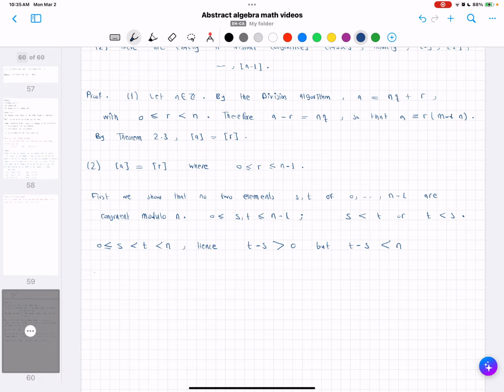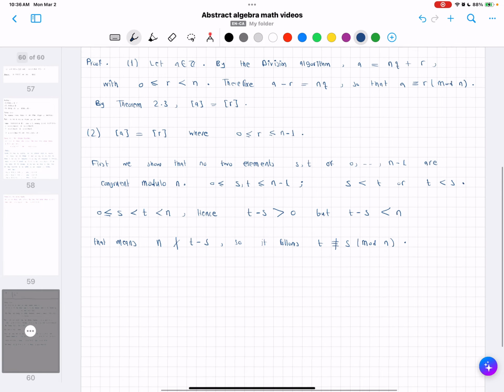So that means that n does not divide T minus S. So it follows that T is not congruent to S mod n.